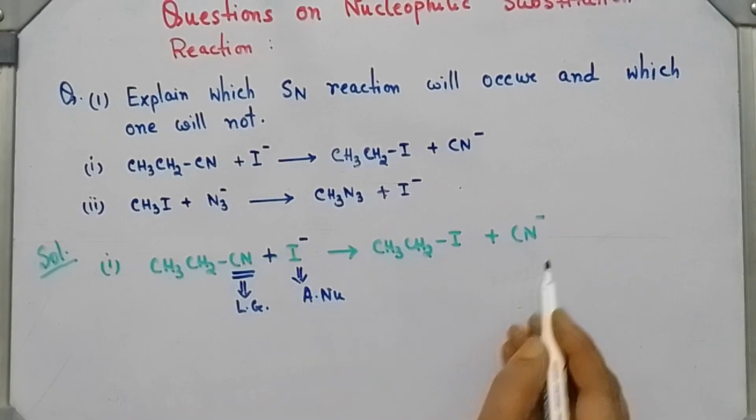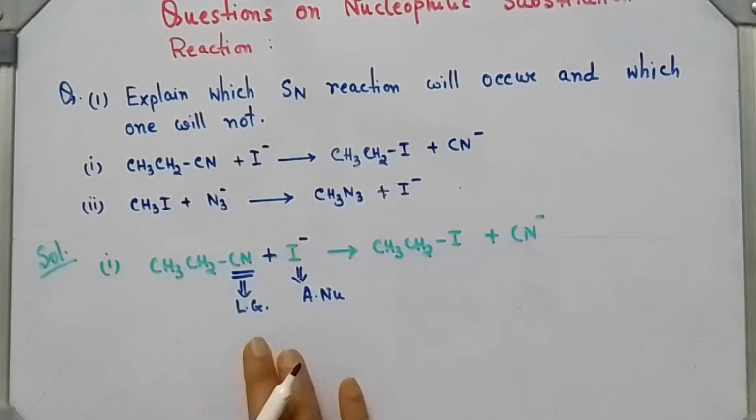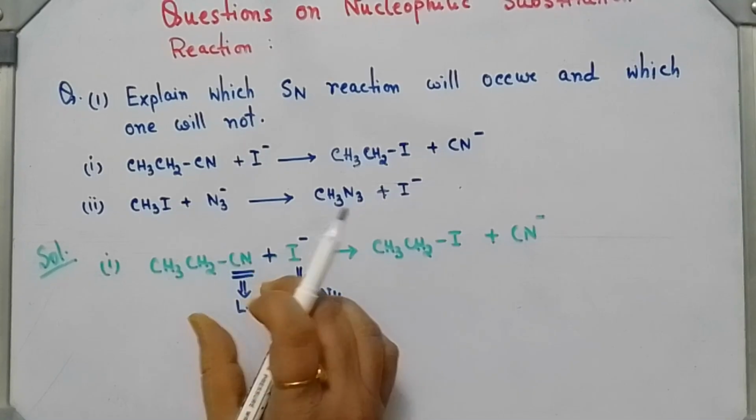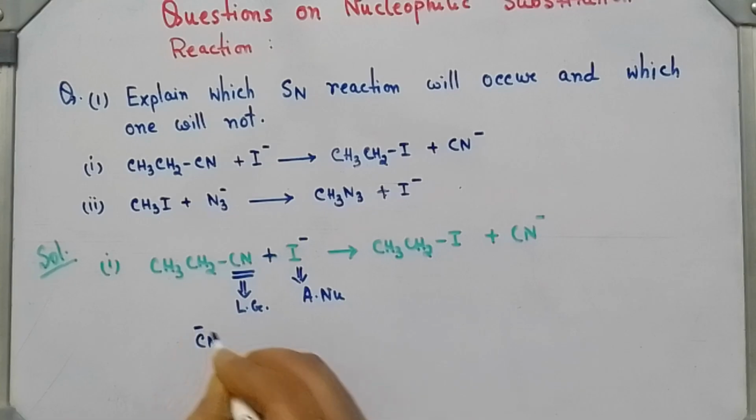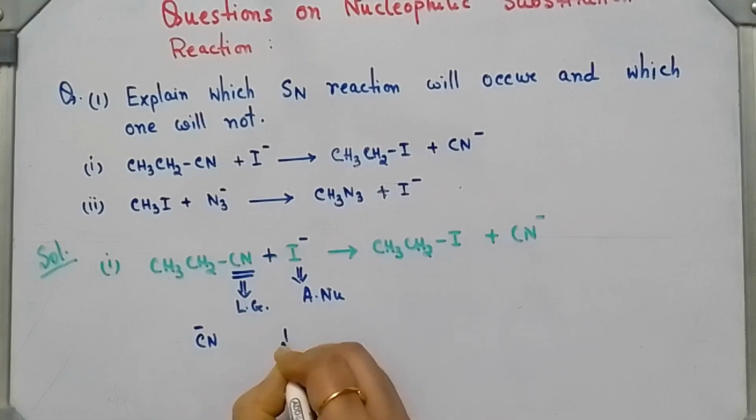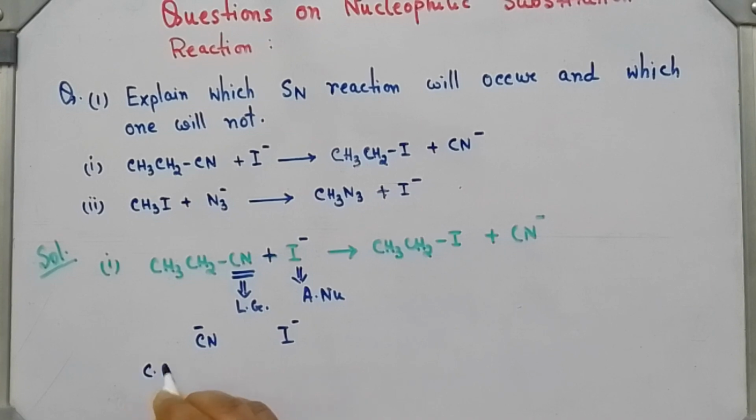Now see, here we have to compare the basicity of cyanide ion and basicity of I minus. Cyanide and I minus. So its conjugate acid is HCN and its conjugate acid is HI. Just we are adding H plus to CN minus and I minus.